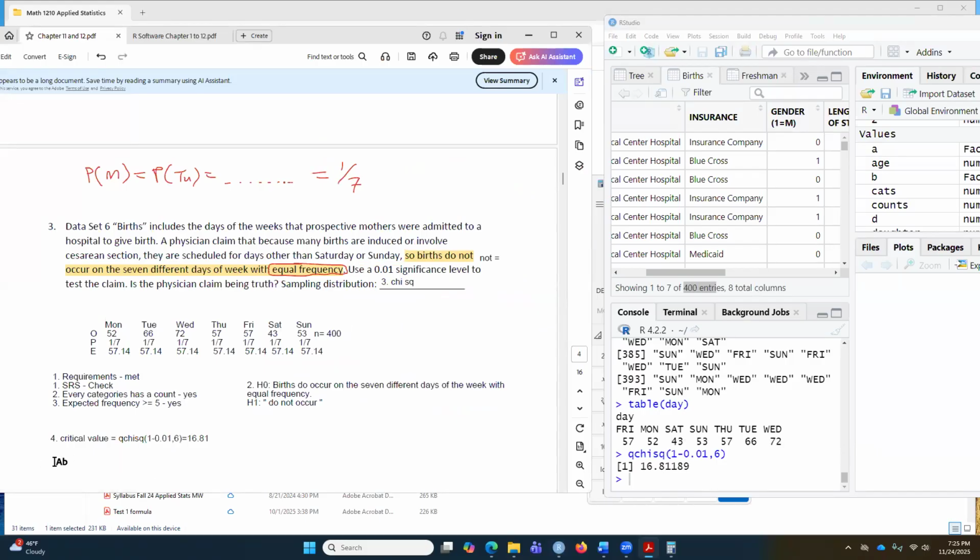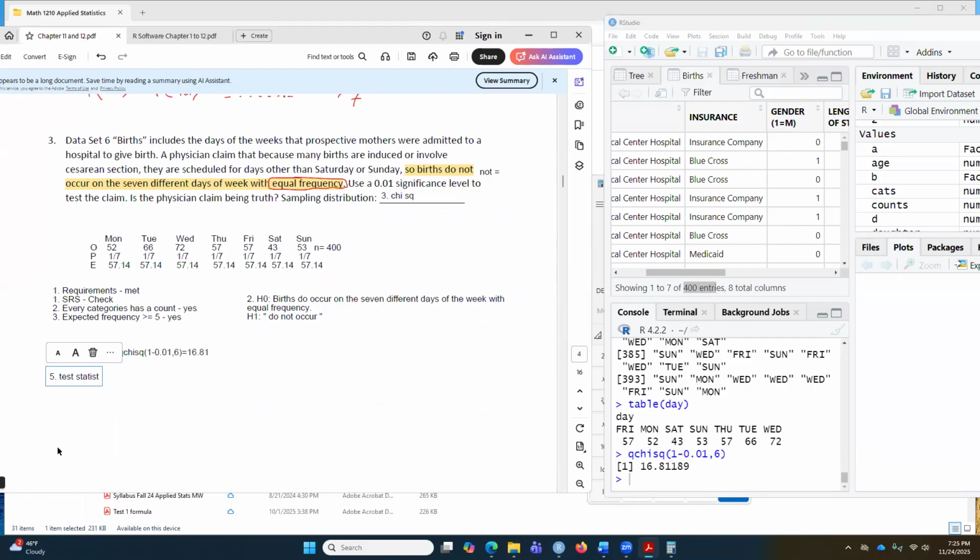Okay. Step number 5 is to do the test statistic and p-value. Again, in order for you to do that, you have to type out these 3 lines here. So start with counts equals c. You're going to give me all the counts here. If you want, you can do the table of day, because this table of day gives you all the counts.